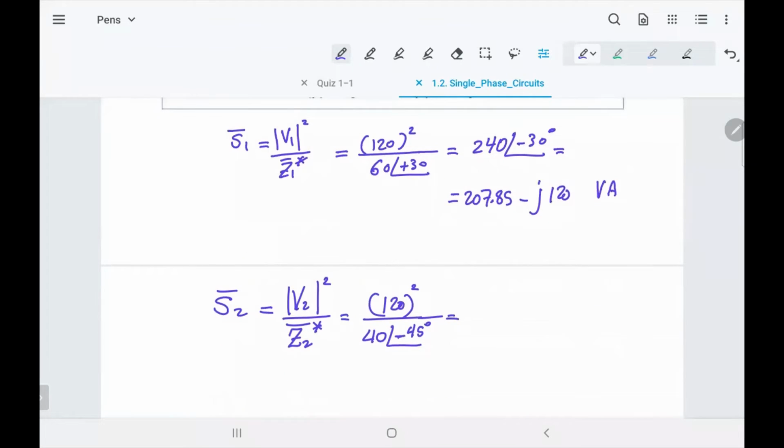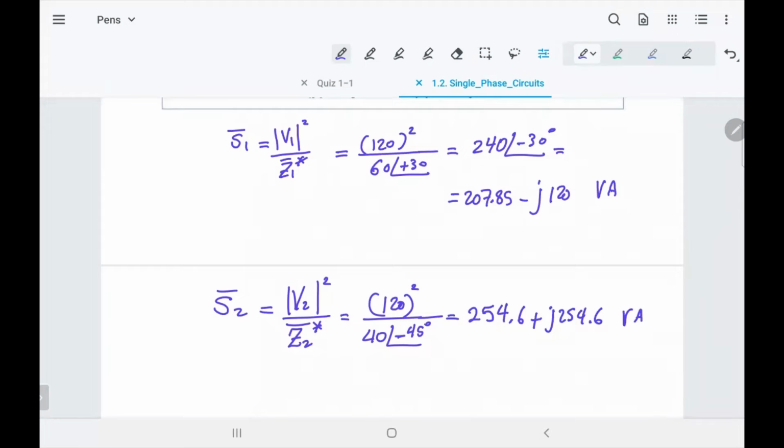And you do that, you can find the complex power in Z2, which will be equal to 54.6 + j2 4.6 volt amp.